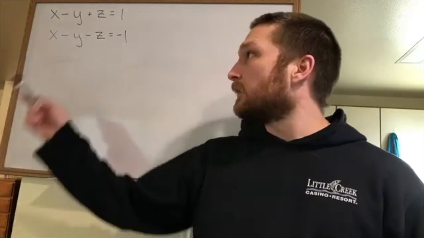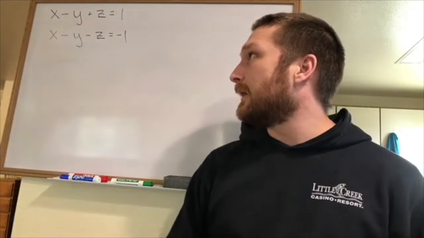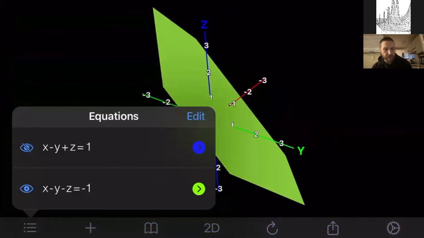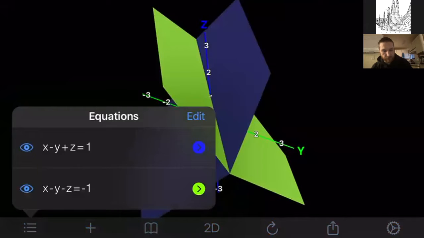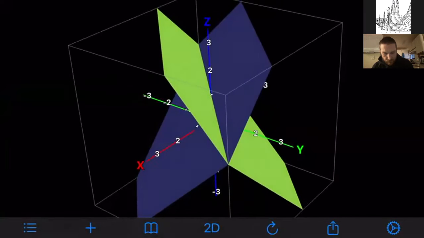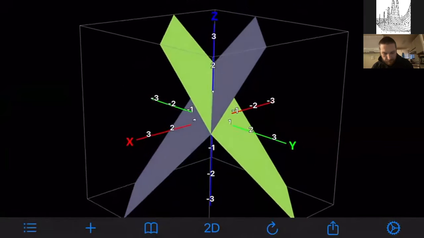Let's see what it looks like when we add in another plane. In green, I'm graphing our second equation, x minus y minus z equals -1. And now I will put the previous plane on there in blue, and we can see that they intersect and that the intersection forms a line, right?